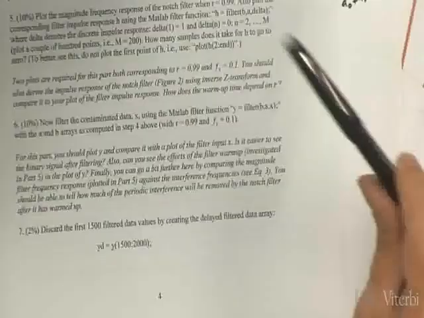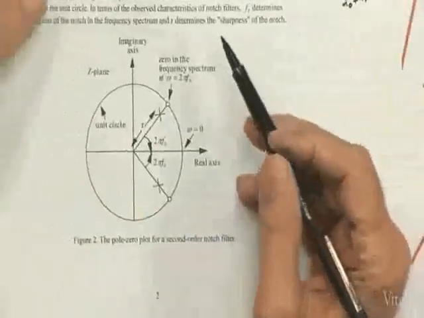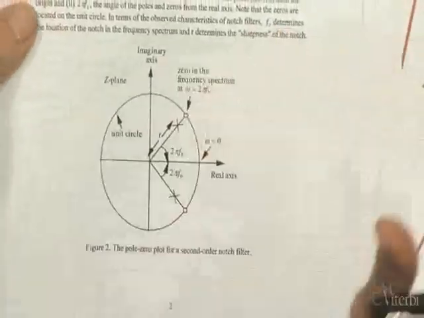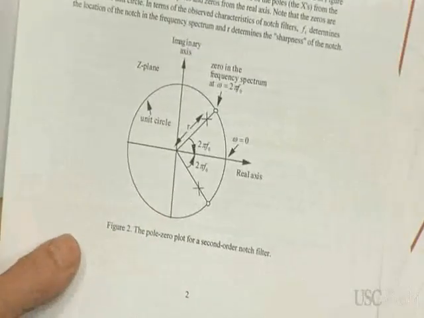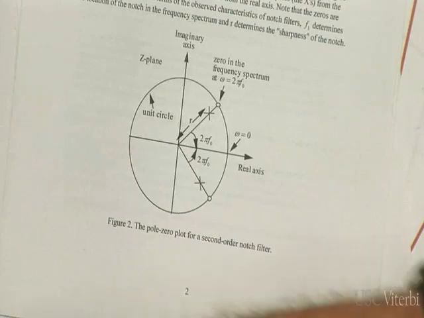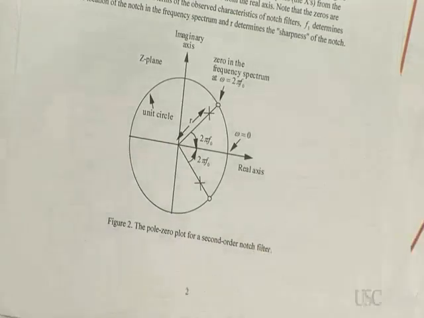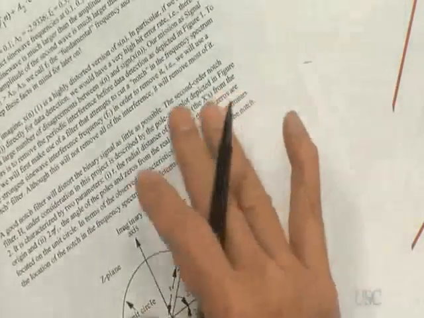And then actually in the project, we look at variations of these filters, cascaded filters, something called, I forgot the name, what do they call those things? Comb filters. So anyway, this does variations on this.